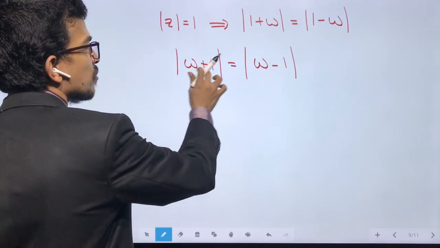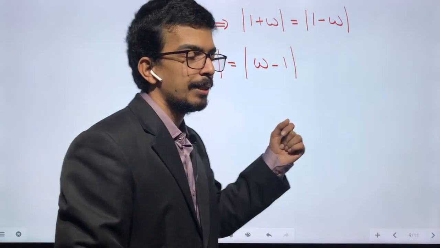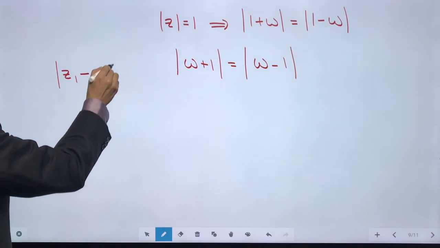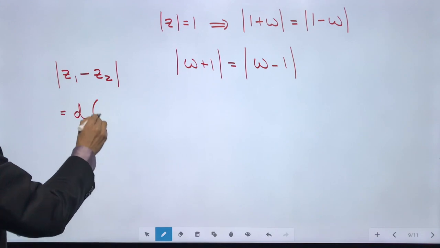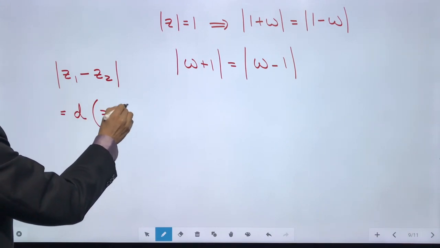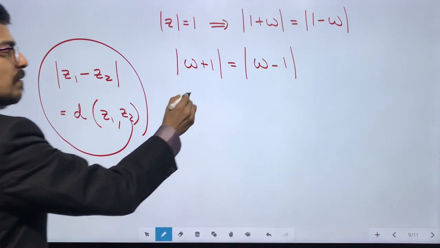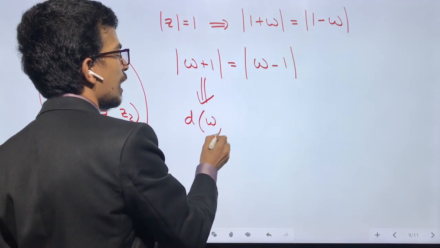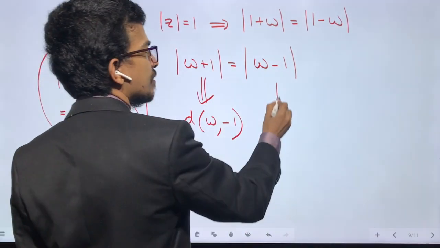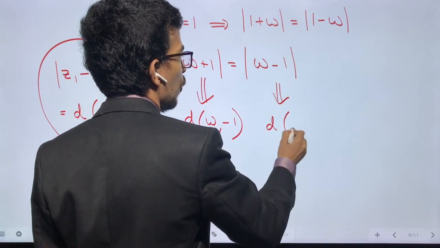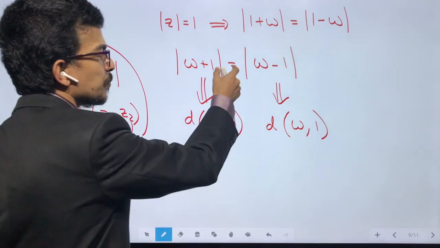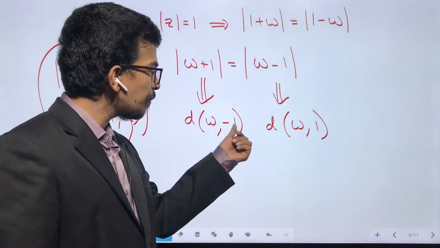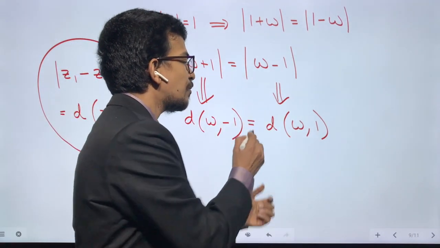Now let's try to think geometrically. We know that modulus of z1 minus z2 gives me the distance between two complex numbers z1 and z2. So this is nothing but the distance between omega and minus 1, and this is nothing but the distance between omega and 1. Our expression says that the distance between omega and minus 1 is the same as the distance between omega and 1.